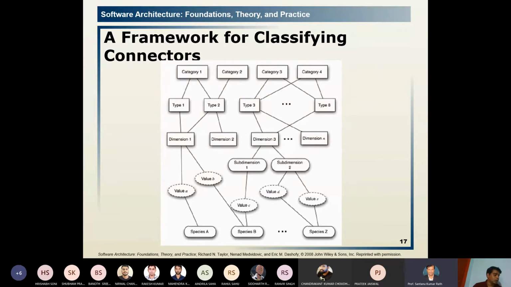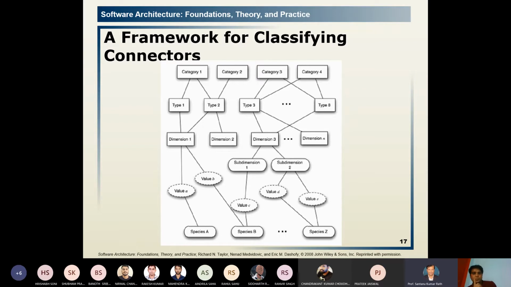Each one has to draw, because based on this we have these words: category, type, dimension, sub-dimension, value, and species. We will read further, so each one has to remember that page in front of you.